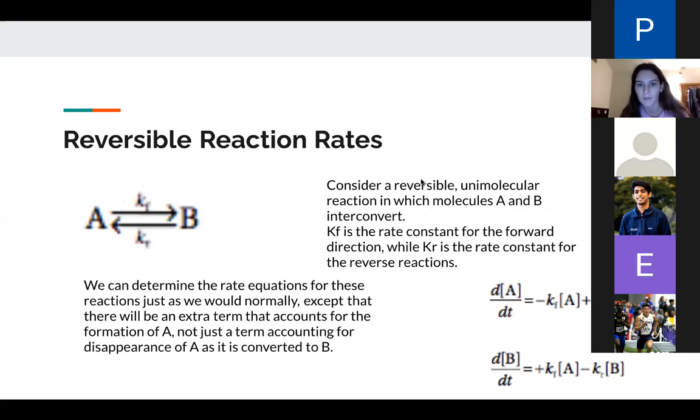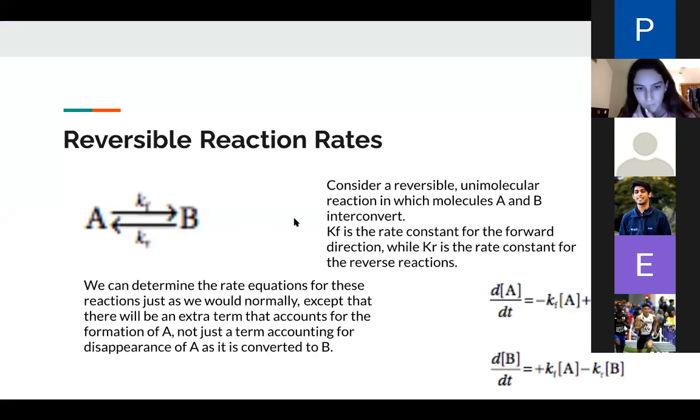Kf is the rate constant for the forward direction, and Kr is the rate constant for the reverse reaction. We can determine the rate equations just as we would normally, except that because the reaction is going both ways, there's an extra term that accounts for the formation of A, and not just a term accounting for the disappearance of A. That's what makes it different.